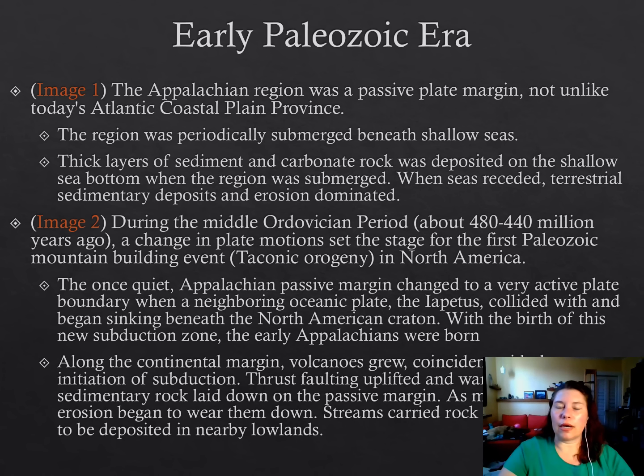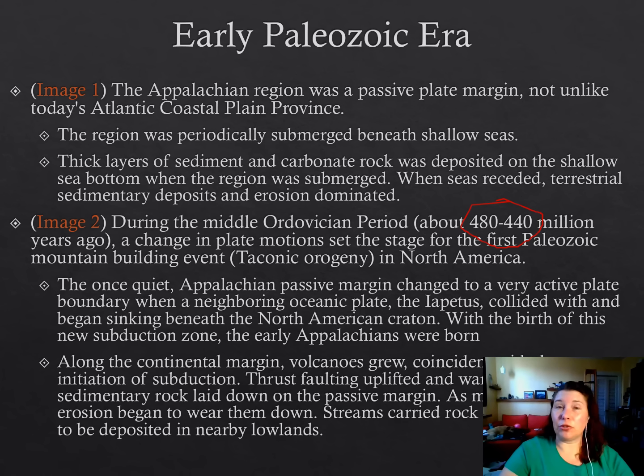Okay, now during the Ordovician, the time period where our local rocks here in Cincinnati were deposited, we're starting to get some action occurring again. We'll see a picture of that in a second. We start to get another oceanic plate called the Iapetus plate, and this is going to be called the Iapetus Sea, and it's going to begin to sink below the east coast of North America, essentially.